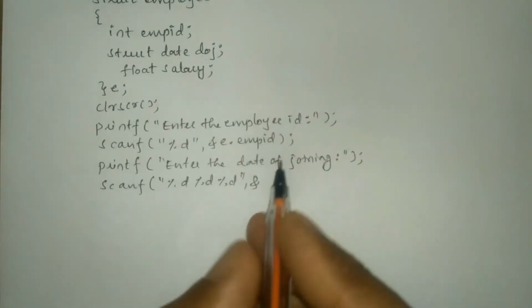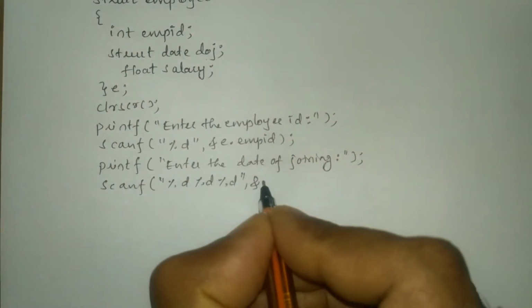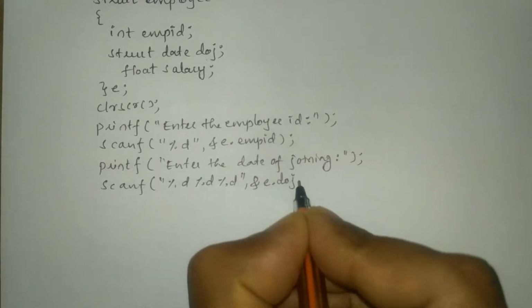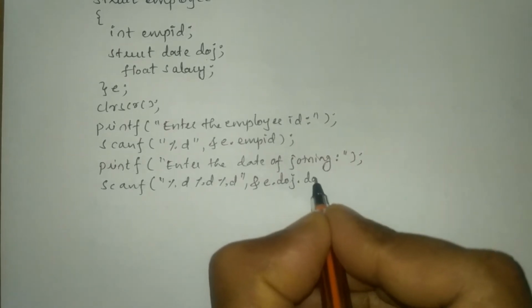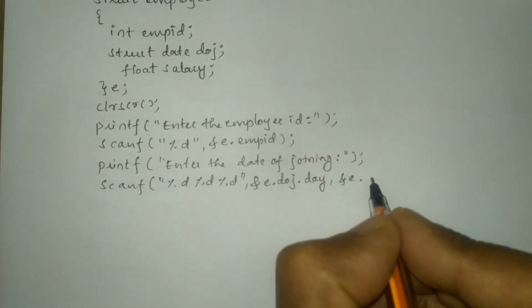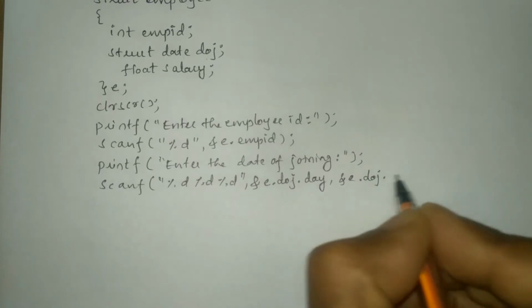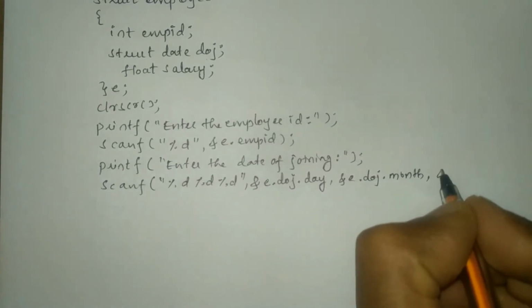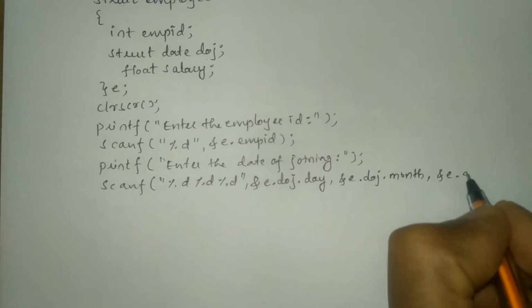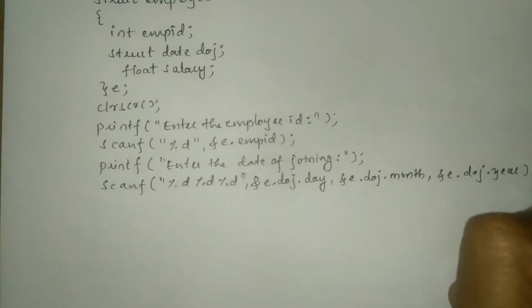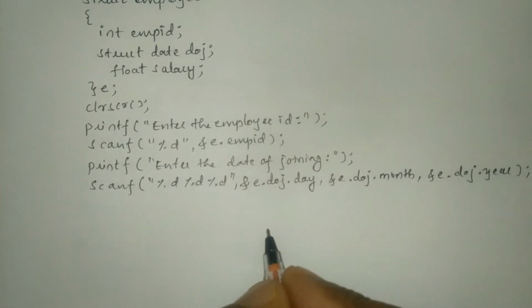Okay, so here the first %d is associated with e dot doj, date of joining, dot day, comma, ampersand of e dot doj dot month. Similarly, put comma, ampersand of e dot doj dot year, closing brace, and put semicolon.